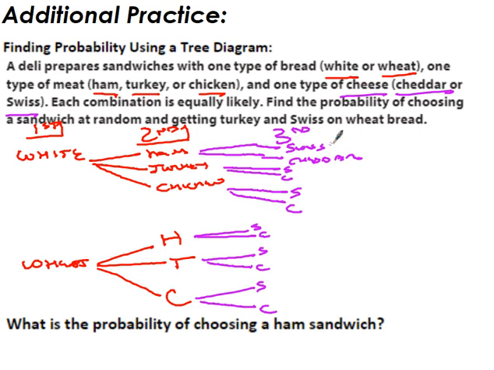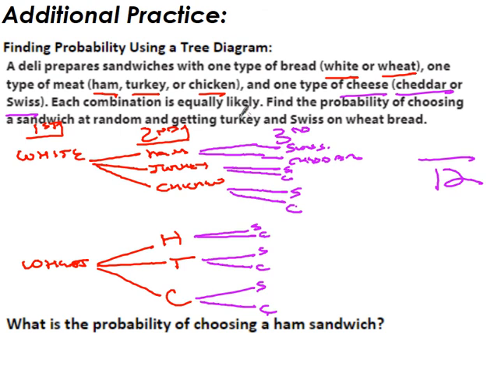Now, for all the possible combinations, if I count my last row of my tree, that tells me how many possible combinations I have. 1, 2, 3, 4, 5, 6, 7, 8, 9, 10, 11, 12. So there are a total of 12 possible combinations when making a sandwich.